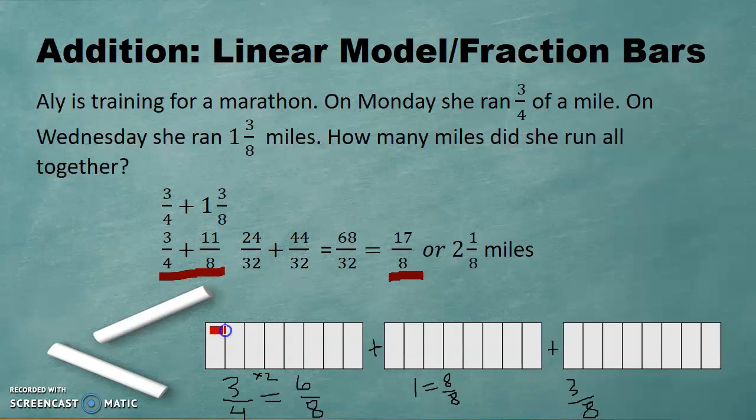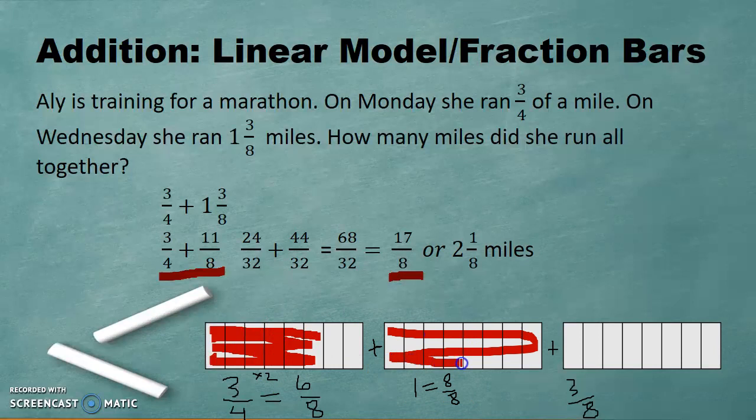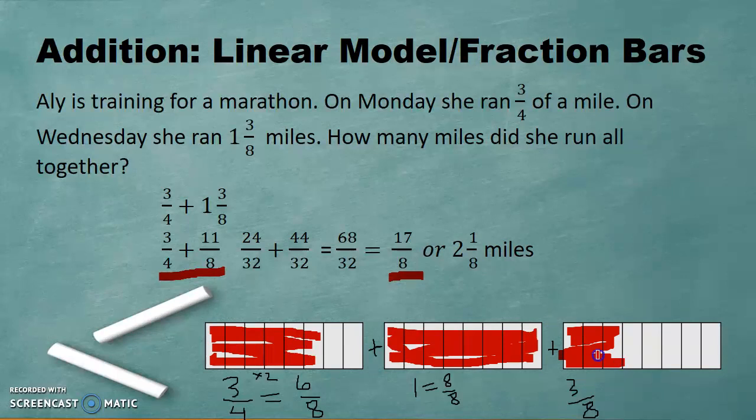So we have 1, 2, 3, 4, 5, 6. Just going to kind of shade them in here so you can see. Then we have 8/8, so that means the whole bar will be shaded. And then finally we have 3/8, so 1, 2, and 3 out of 8.